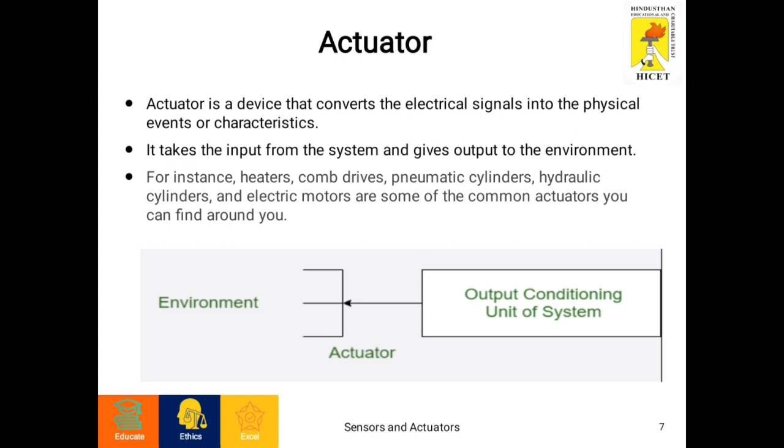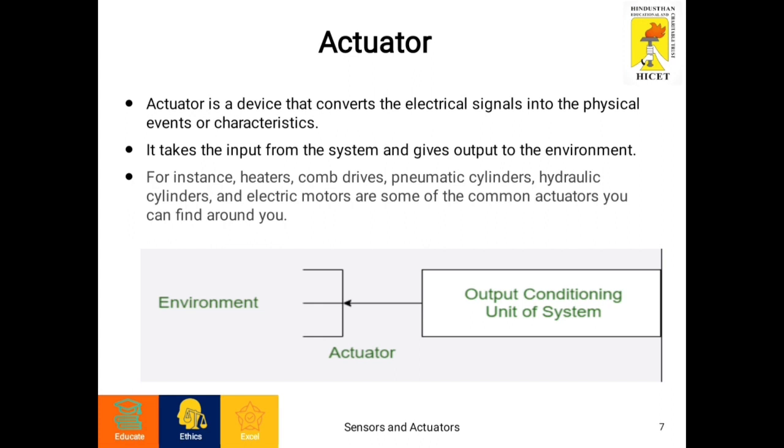For instance, heaters, comb drives, pneumatic cylinders, hydraulic cylinders, and electric motors are some of the common actuators you can find around you. Here in the given image, the output conditioning unit of a system gives a signal to the actuator to maintain and to define the condition of the environment.